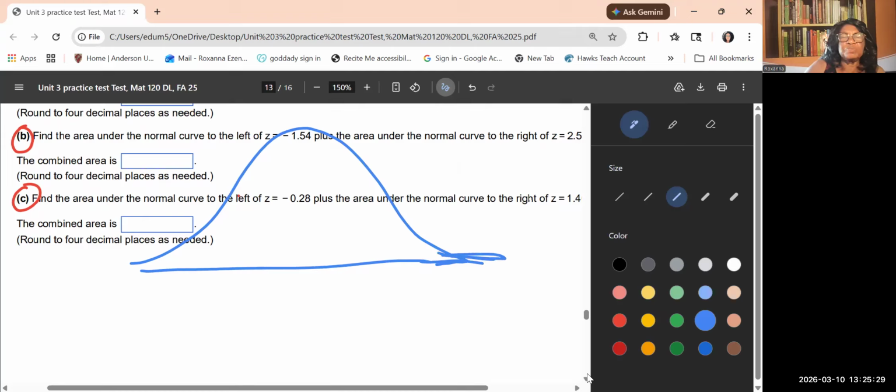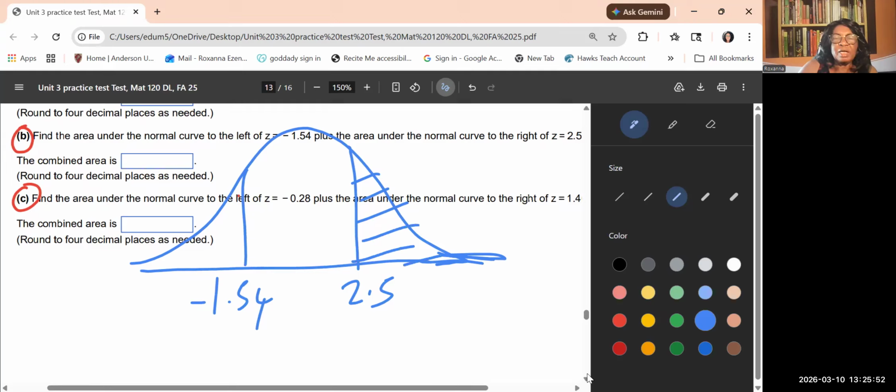I'm trying to find the area under the curve to the left of -1.54, and to the right of 2.5, which should be somewhere here. So I'm trying to find this area and this area, and add them together. I already said that the absolute values of 1.54 and 2.5 are not the same, so I have to find them individually.